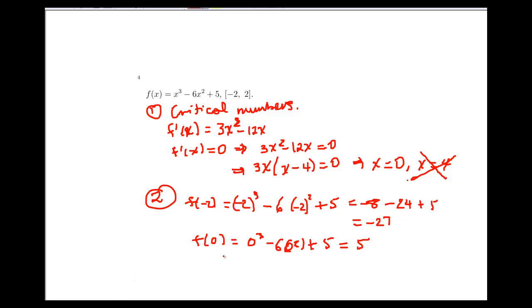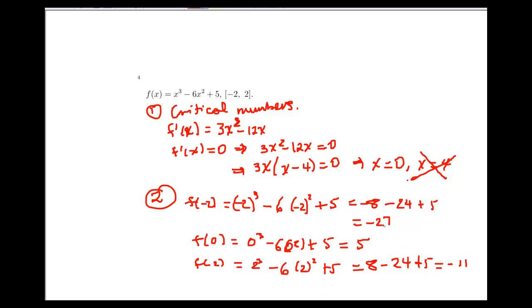And f of 2 is 2 cubed minus 6 times 2 squared plus 5. That's 8 minus 24 plus 5. 8 minus 24 is -16, plus 5 is -11.